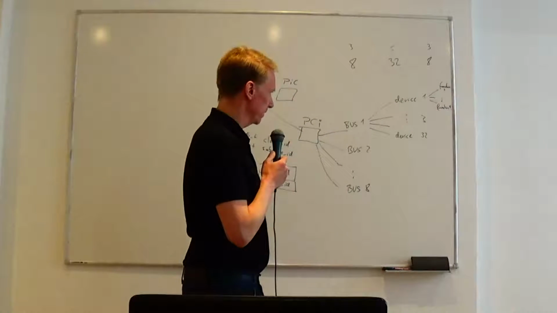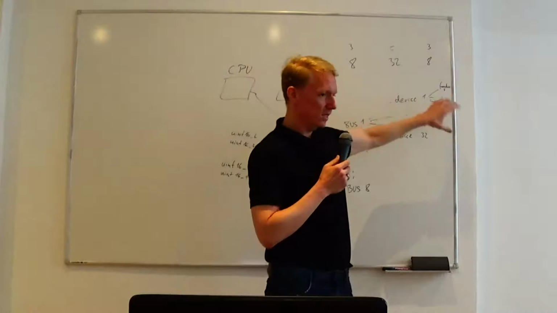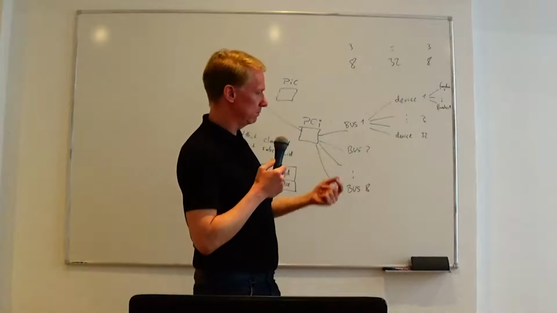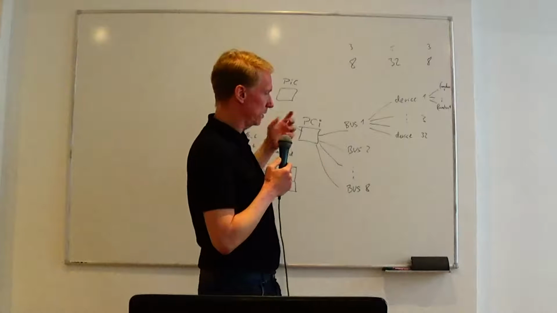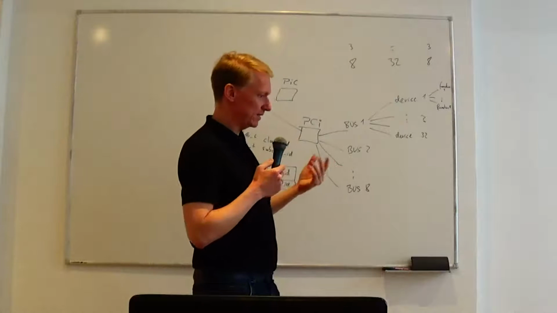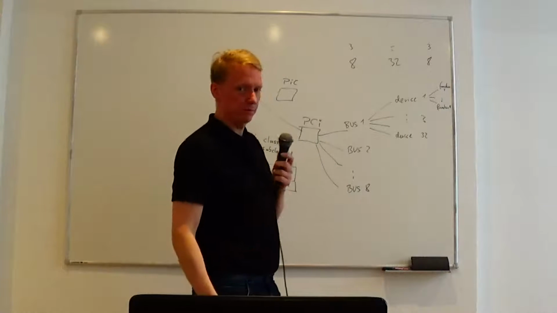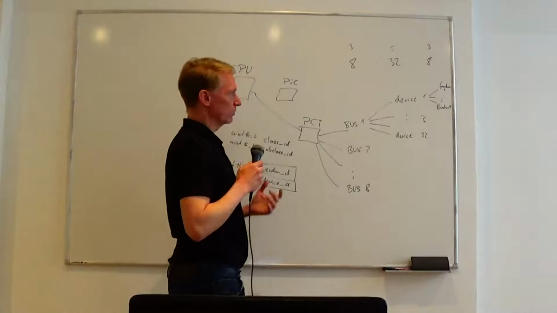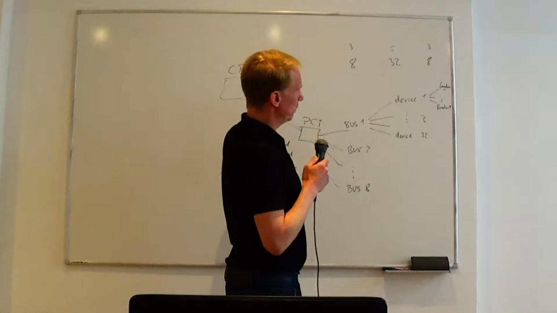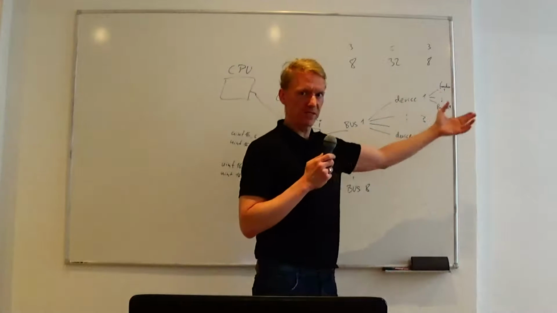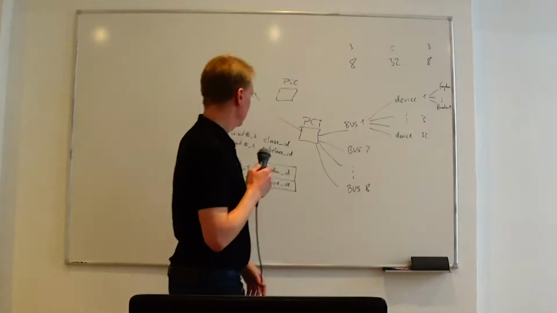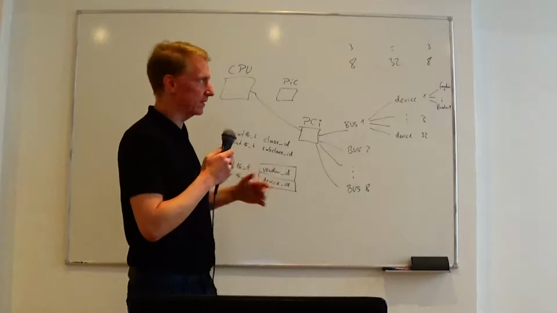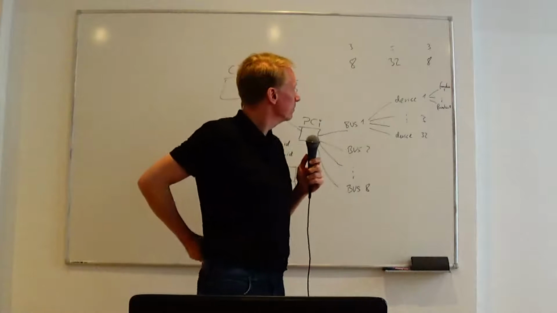And the thing is, they all have some memory, and they have a standardized memory space. And so we will just have to read certain offsets of that memory, where we will find the class ID, the subclass ID, vendor ID, device ID, and so on.